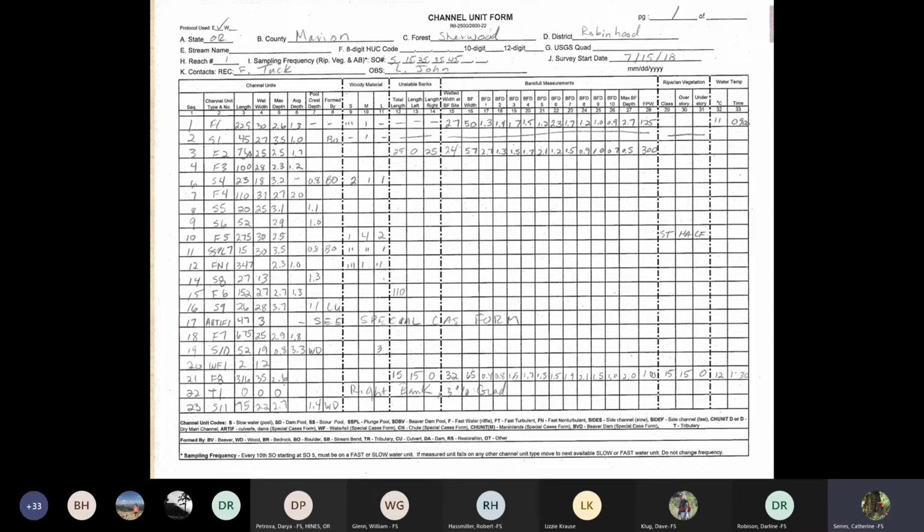I was going to ask about all the blanks in there. Are you supposed to put zeros if there's nothing completely across the page, or can you line it out to show that you didn't have anything there? I like to do, especially for, say, unstable banks and wood, put zeros in where I didn't find anything.